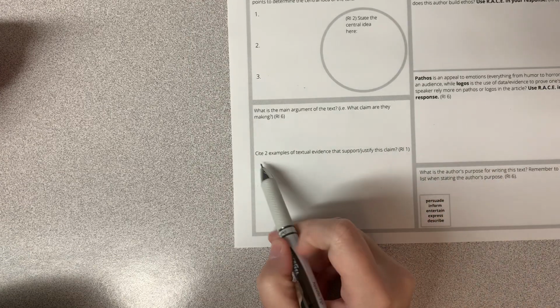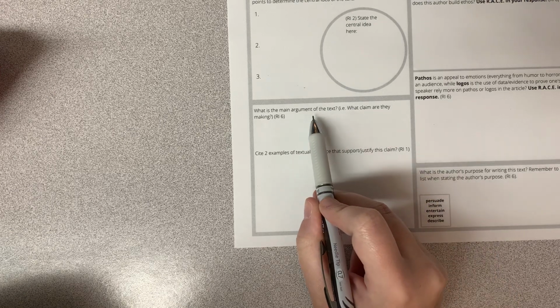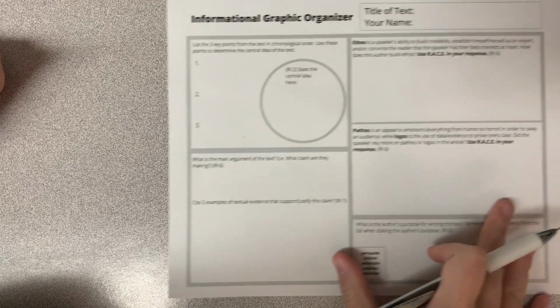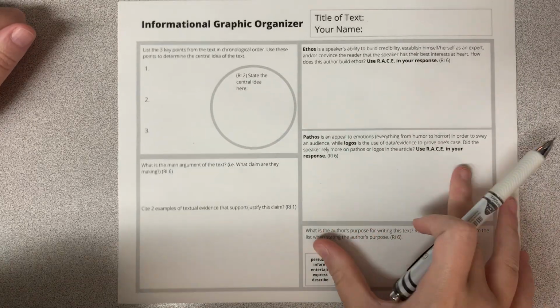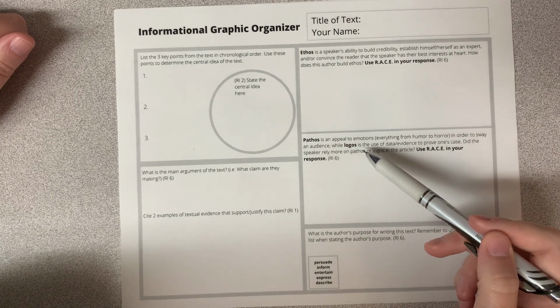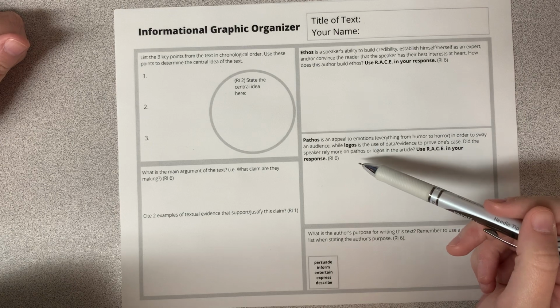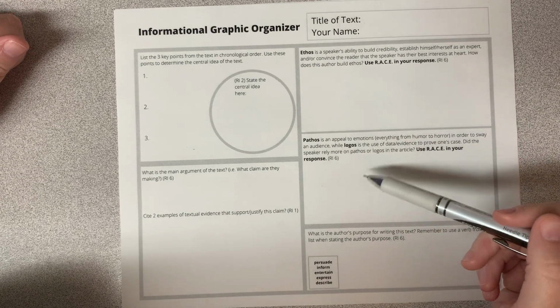Okay, so then cite 2 examples that they're using to support that claim, okay? That's just going into the text and finding a quote. Over here, this is where what you guys took notes on in the author's purpose and rhetoric Prezi is going to come into play, okay?